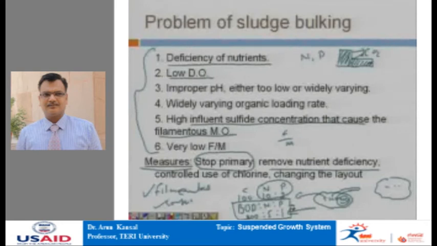But if the ratio is not there, that is, we have less nitrogen and phosphorus for every 100 units of BOD, it means there is a nutrient deficiency. In such a case, we can add fertilizer in the aeration tank to supplement nitrogen and phosphorus, so as to prevent the preferential growth of filamentous organisms.